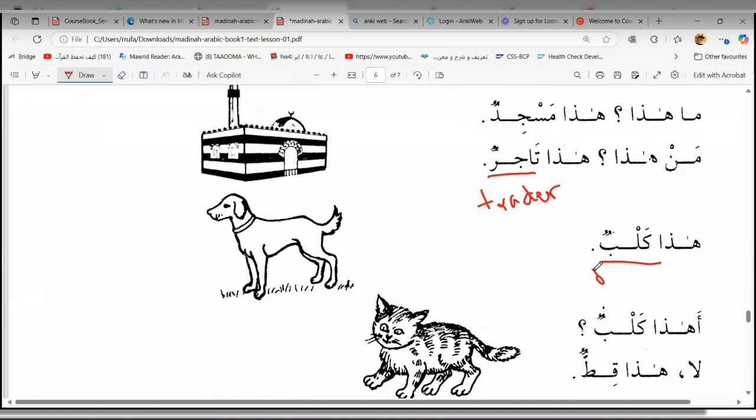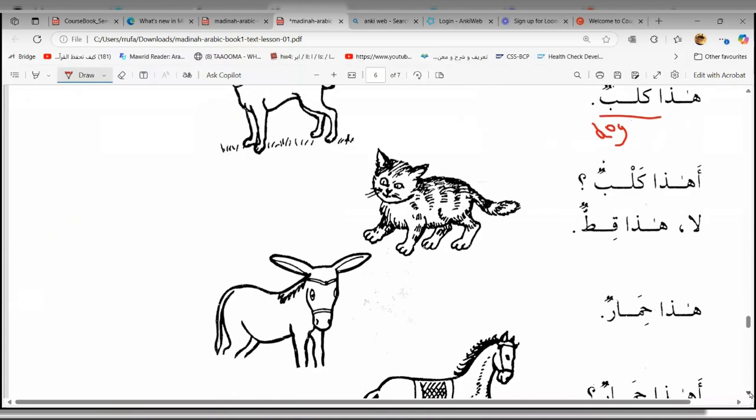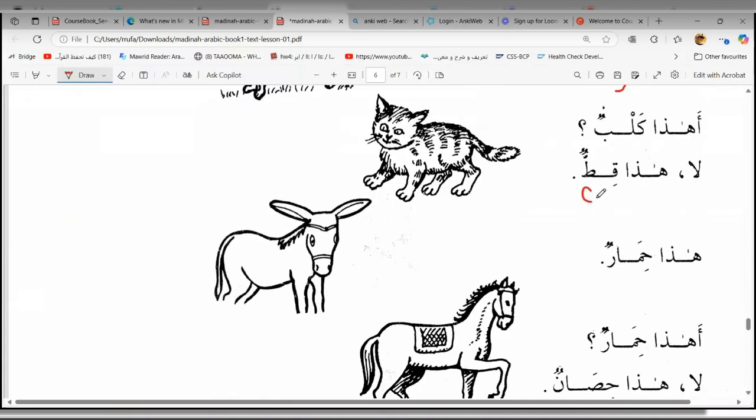This is additional vocabulary. هذا كلب. Is this a dog? لا. هذا قط. No. This is a cat. هذا حمار. This is a donkey.